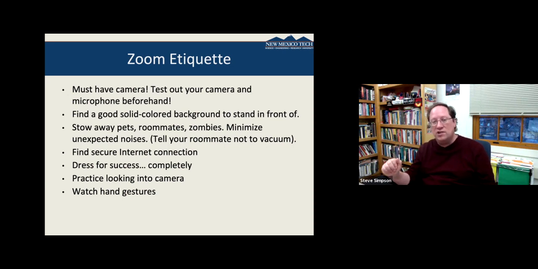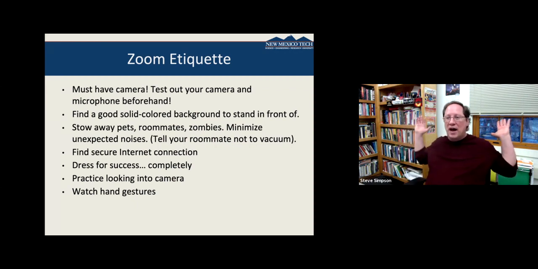But I encourage you to test out your camera and microphone beforehand, and make sure they're good. I would encourage you to find a good solid colored background to stand in front of. There are virtual backgrounds that you can put up, but the problem is that generally when you put your head back, you start to get swallowed up by the background.